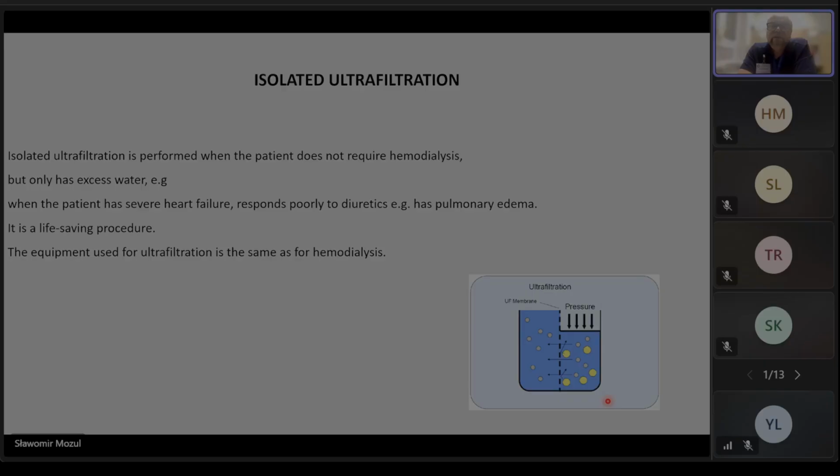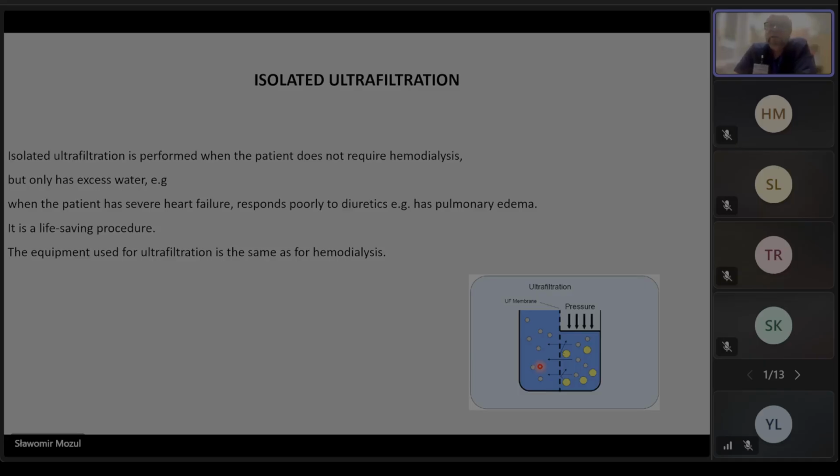The required equipment is the artificial kidney. Because of the high pressure in the blood component, water and substances dissolved in it move across the semi-permeable membrane to the other side.